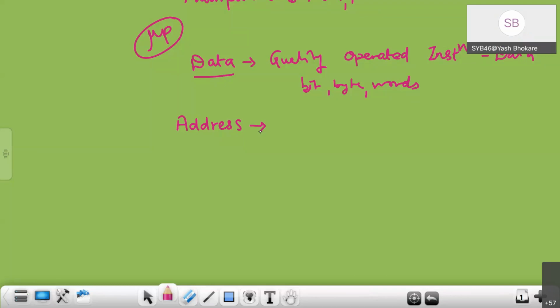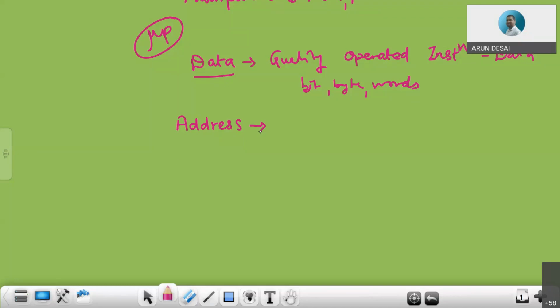If you have binary data stored at a memory location, the address is the identification number which identifies that memory location, right? So you can find your data which is stored in memory by this identification. So this is about address.